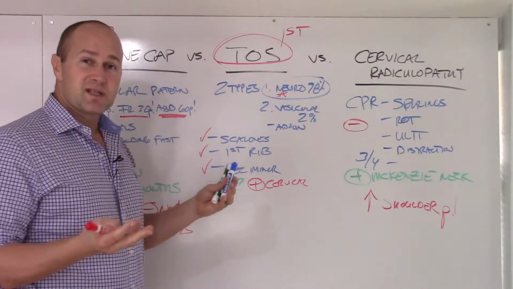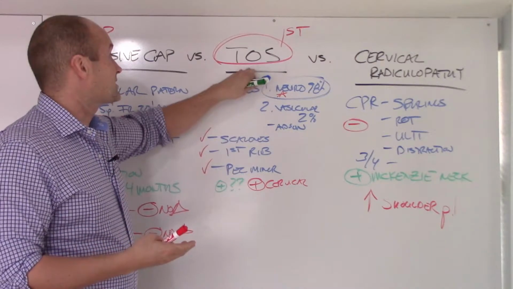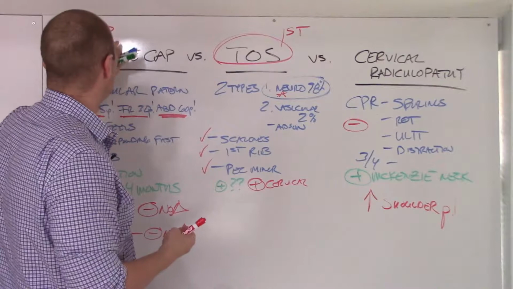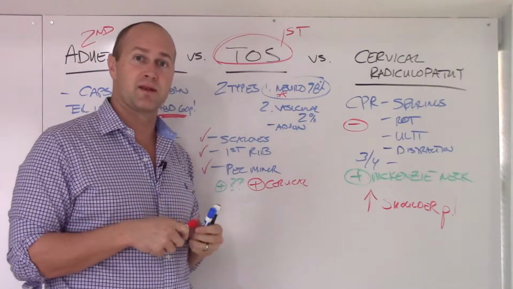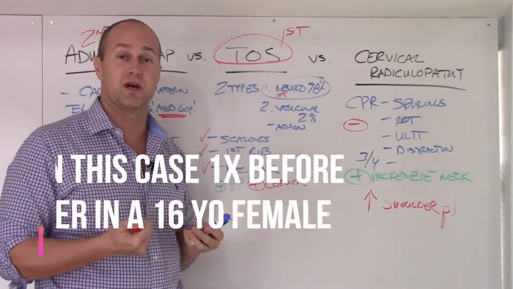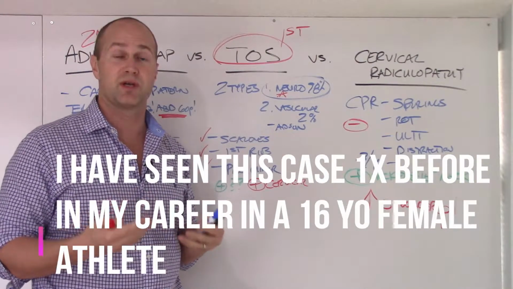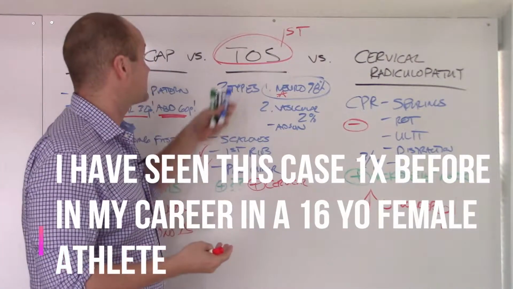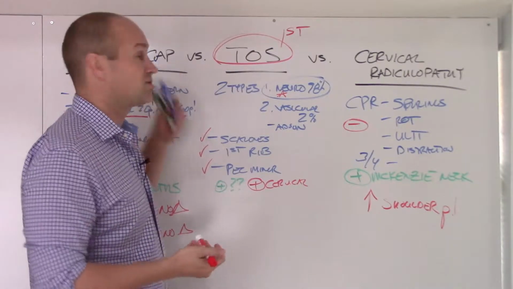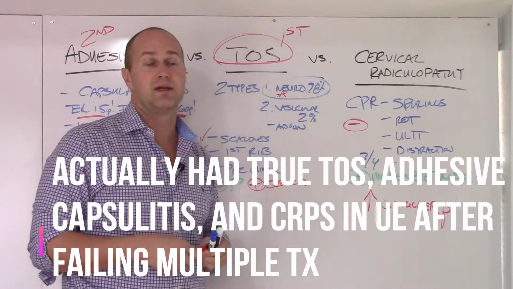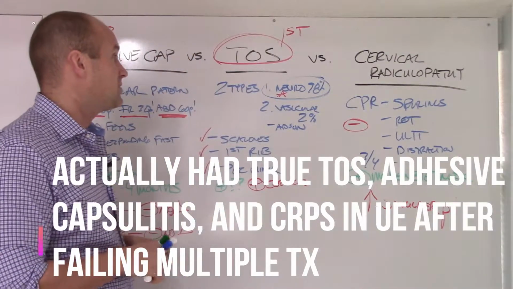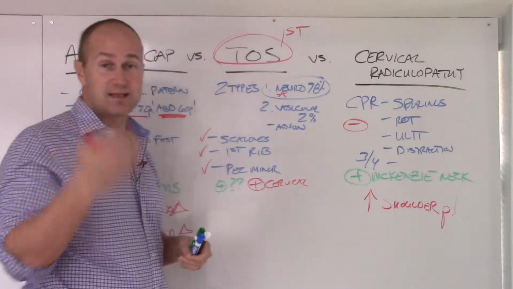So I'm starting to think that her primary diagnosis is actually thoracic outlet with a secondary frozen shoulder. And I've seen this case once before in my life, where there was a young 16-year-old athlete with a shoulder injury who actually had thoracic outlet syndrome and frozen shoulder and CRPS, high anxiety, stress, misdiagnosed, bad PT cases.